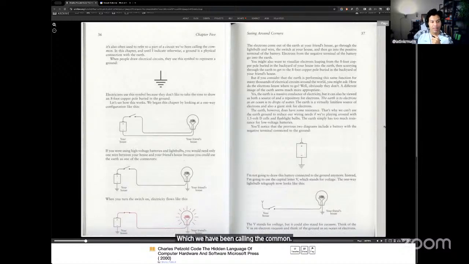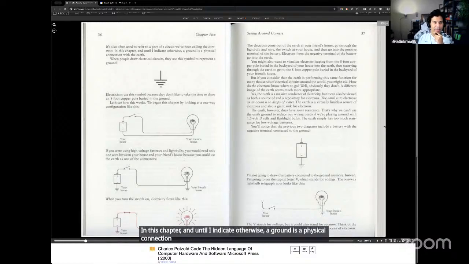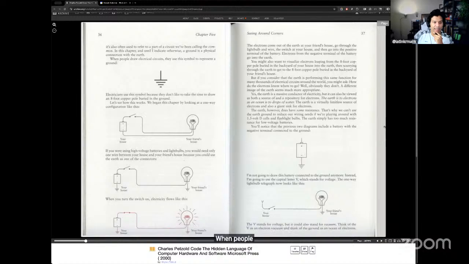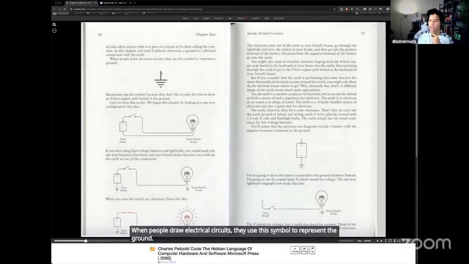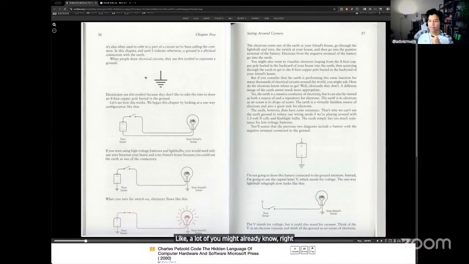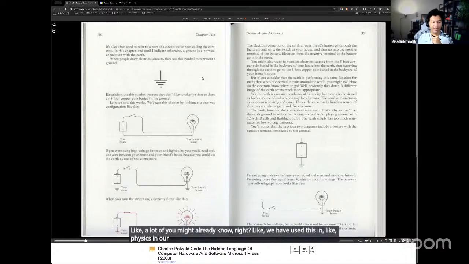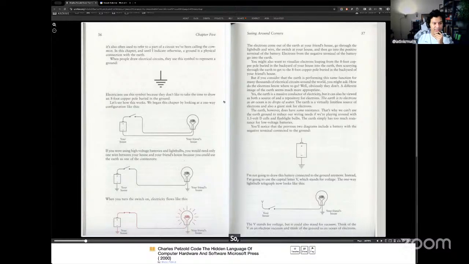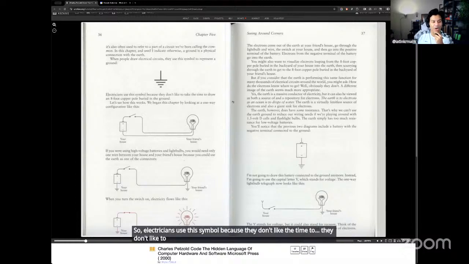In this chapter, and until I indicate otherwise, a ground is a physical connection with the earth. When people draw electrical circuits, they use this symbol to represent the ground. A lot of you might already know this, as we have used it in physics in our elementary and senior schooling. Electricians use this symbol because they don't like to take the time to draw an 8-foot copper pole buried in the ground.